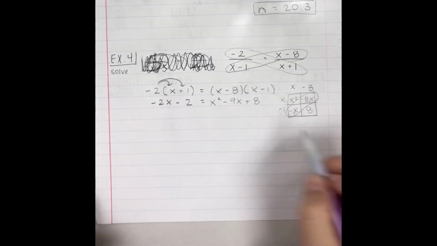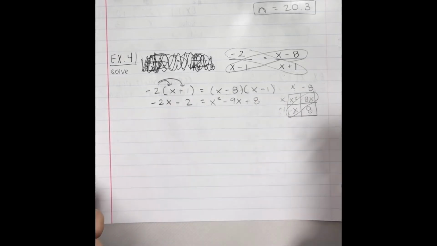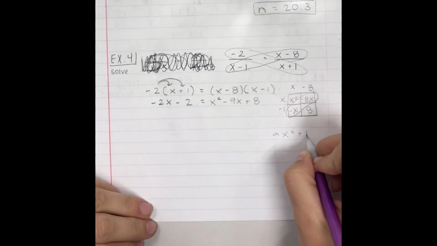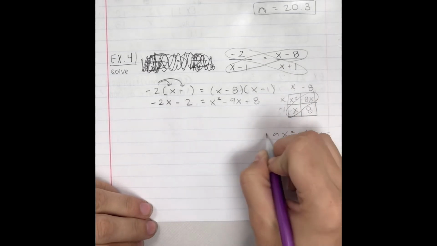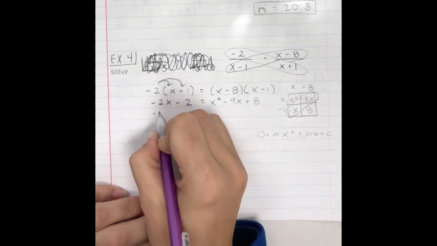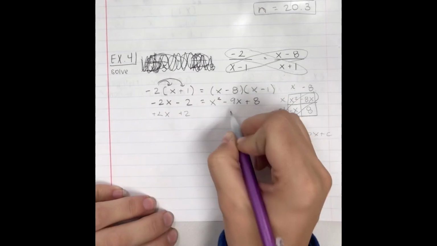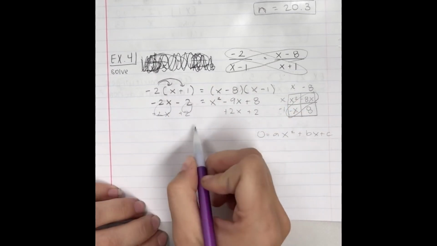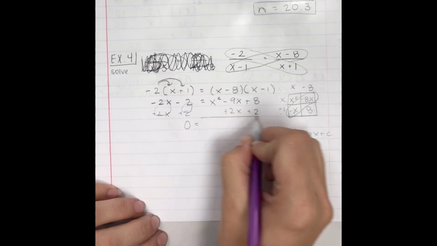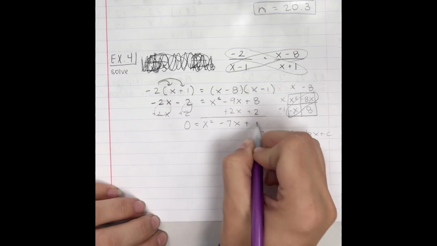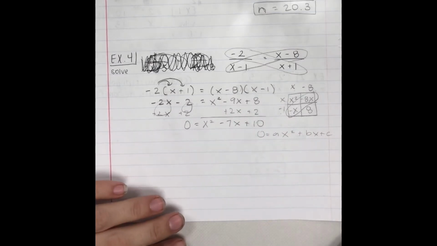Okay, so since we have an x squared, we want ax squared plus bx plus c, we want to get it in this format. So I'd want to do a plus 2x and a plus 2 on both sides to make this left side be 0. 0 equals x squared minus 7x plus 10.